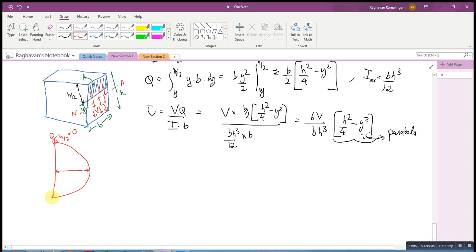Similarly, for this point, it is minus h by 2. Substitute minus h by 2 here, and again you get tau equals 0.